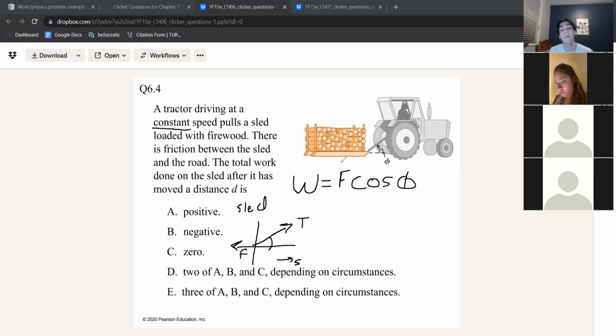If the friction force was more, it would not move at all. So I'm still going to stick with my positive statement, but I also feel like it could very much be negative, like that gravity one where the force being applied is going in the opposite direction to the displacement. So it might depend. I don't know what you guys think of this.